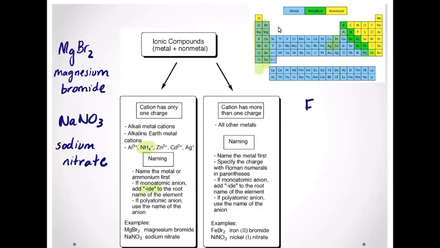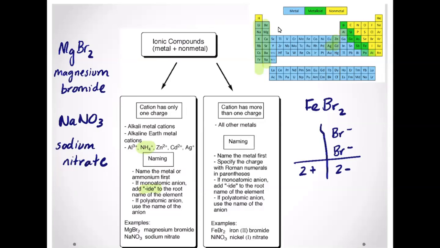Let's write these examples a little larger. To name this compound, we have to know the charge of the bromide. The formula shows I have 2 bromides, and I know it's a halogen, therefore it is a -1. So I have a 2 minus for the anion side, and that must be balanced by a 2 plus.